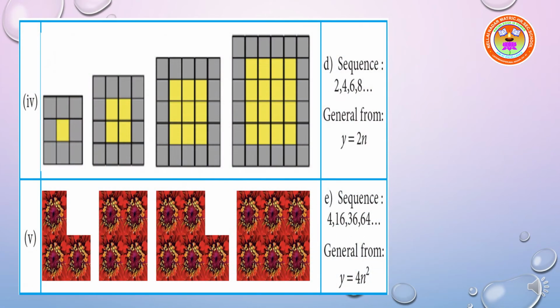Now, the fourth subdivision, here we are going to consider the boxes which are yellow in color. So, in the first step, there is only one box. In the second step, there are 4 boxes. In the third step, there are 9 boxes which are yellow in color. And in the fourth step, there are 16 boxes yellow in color.